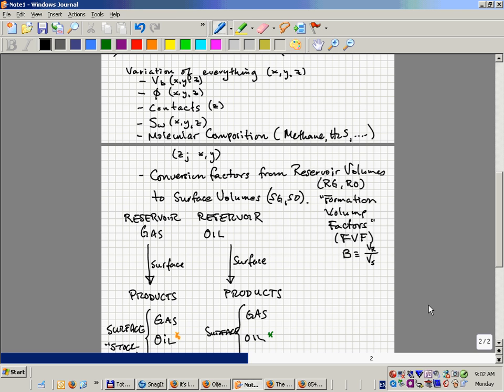That's the way they're defined. Sometimes they have the little b, which is defined as the surface volume over the reservoir volume. It's just the inverse of big B. These are the formation volume factors needed to convert reservoir gas or reservoir oil volume to surface volumes.